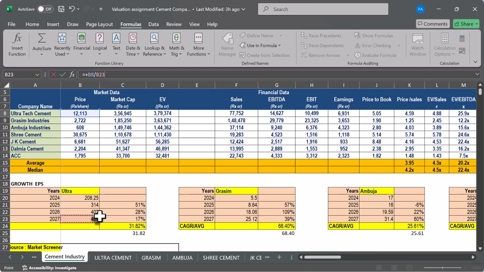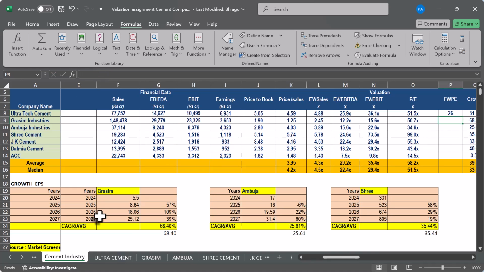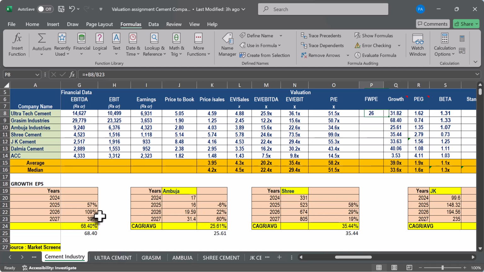And again calculate. So the 2 year forward PE ratio is 26. Here what I have done is I have taken the market price per share today and divided by the 2027 EPS. So it is coming around 26.